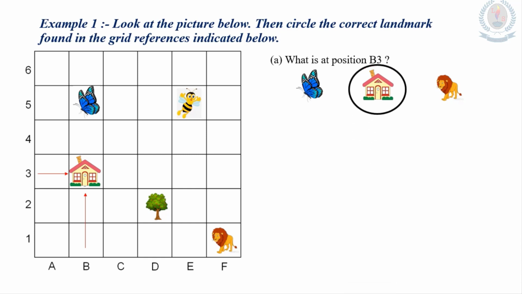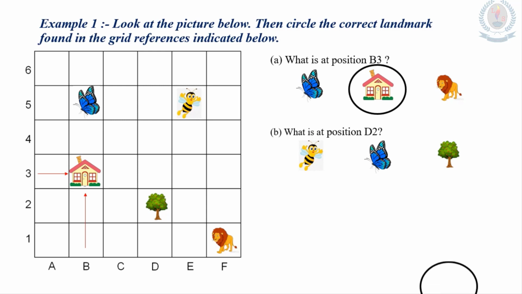Now look at the second question. What is at position D2? Now you know how to find the answer. Look at the grid and tell me the answer. Very good. Tree is the correct answer.